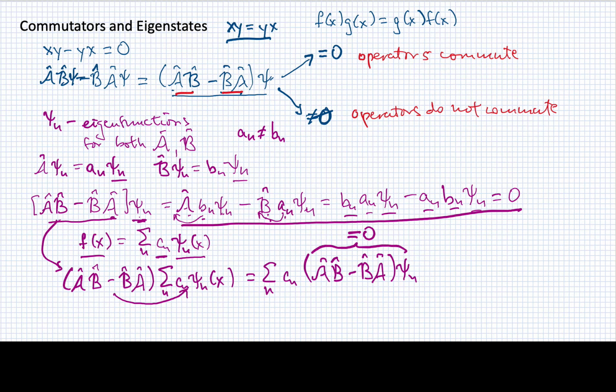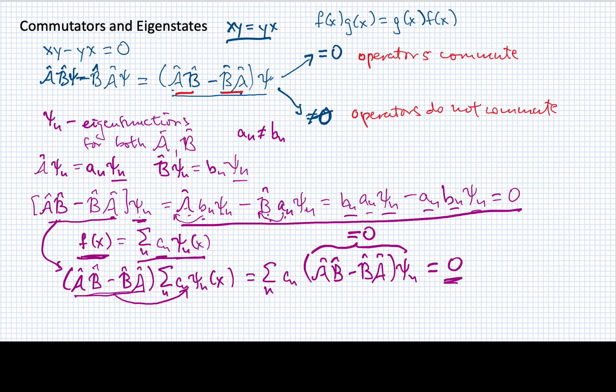I've got a sum of terms of all zeros, so the whole thing must be 0. What this demonstrates is that if these operators share the same set of eigenfunctions, and I can write any arbitrary function as a linear combination of those eigenfunctions, then I will always get 0 with this operator combination.